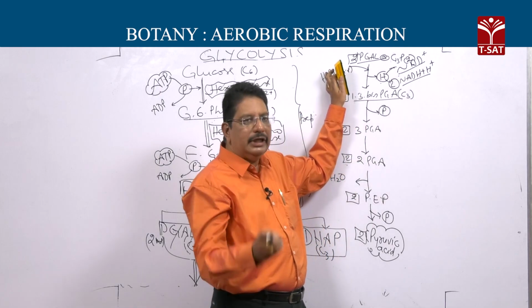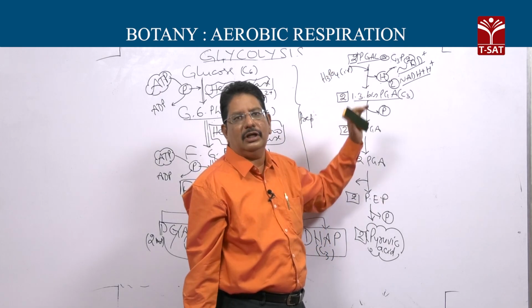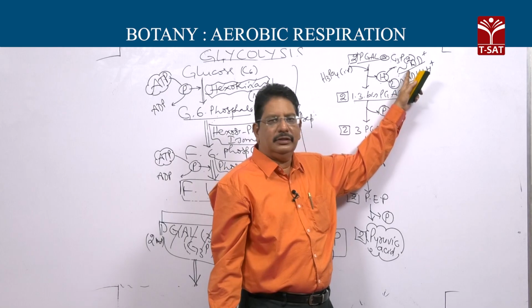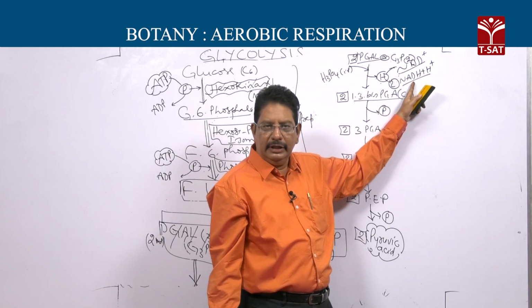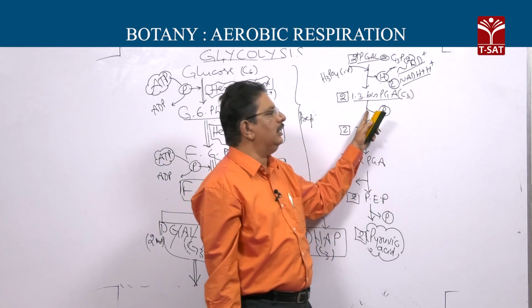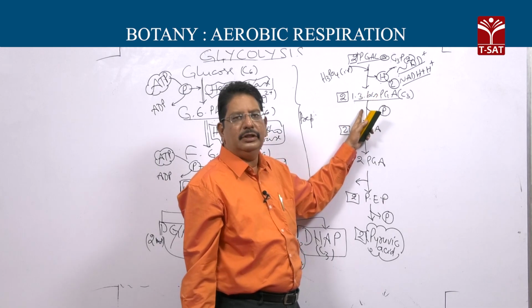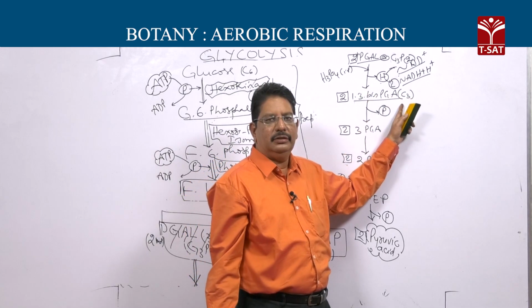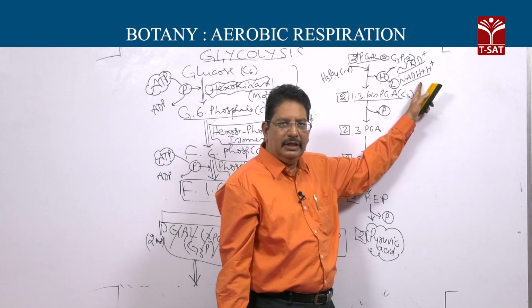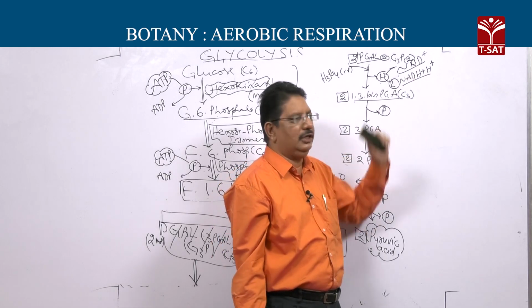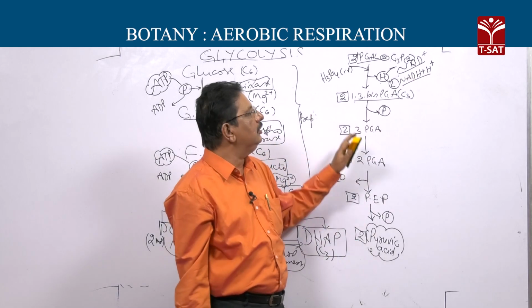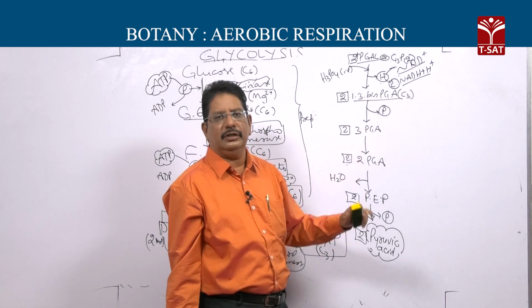So, glucose energy in the form of electrons and protons is locked in two molecules of NADH. Further energy is still in the 1,3-bisPGA, but later this NADH is finally oxidized and involved in ATP synthesis, which comes later.